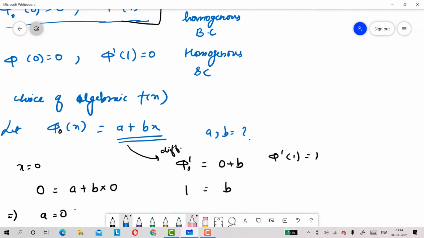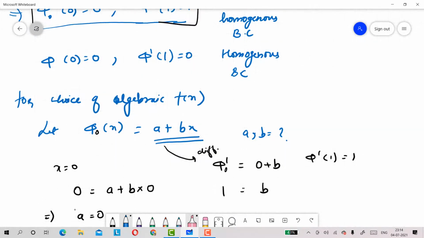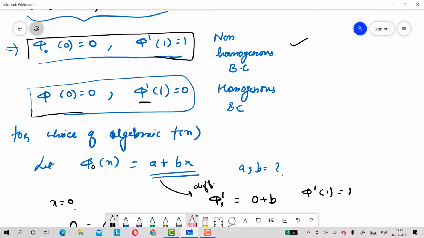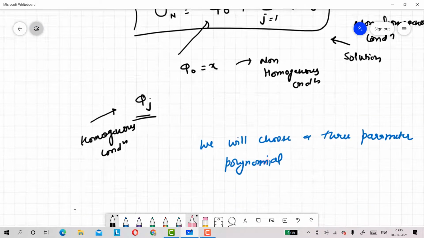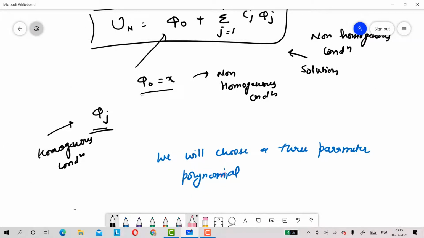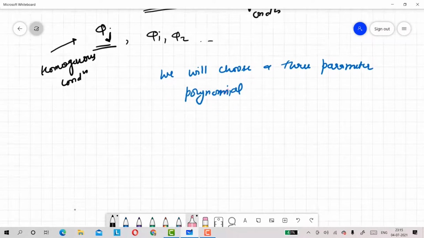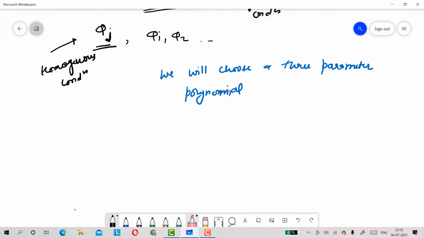For the non-homogeneous condition we have already done it, and we calculate it only once. But for the homogeneous condition the index j is there, so we calculate for phi 1, for phi 2, and similarly this way. So we will choose a 3-parameter polynomial, a polynomial of higher degree.